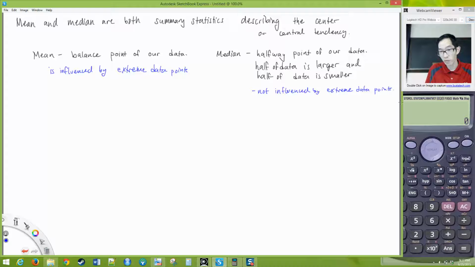Okay? And so depending on your situation, you may choose to describe the center by using the mean or the median. And you want to think, what is more appropriate? Do I want this thing to be influenced by extreme data points, or do I not want it to be influenced by extreme data points, okay?